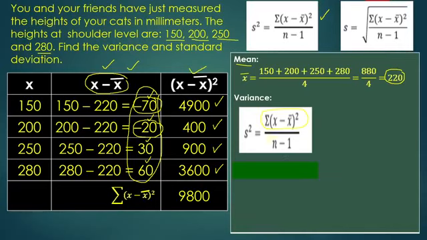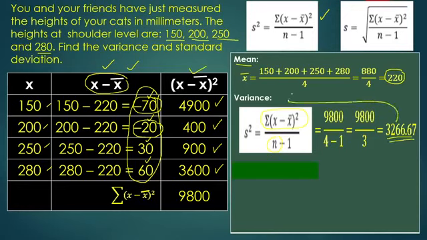What is the value of n? 1, 2, 3, 4. What's the value of n? 4. So you have there 9,800 divided by 4 minus 1. And 4 minus 1 will give us 3. Dividing 9,800 by 3, you will get 3,266.67. So this is now our variance.